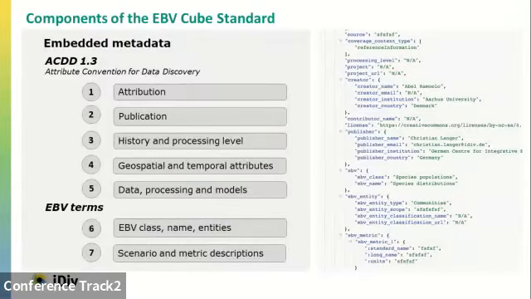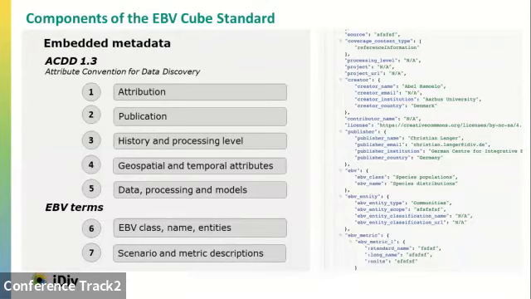Okay. As I said before, the metadata is embedded here in the NetCDF cube, and basically it makes reference to 7 main groups of terms. Each of those are kind of broken down into different metadata terms.